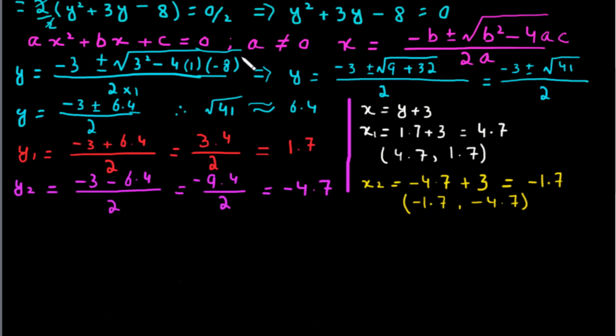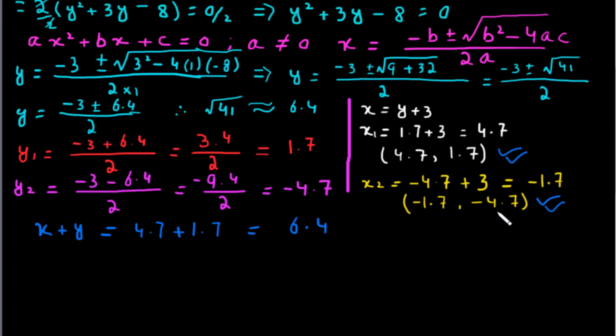Now the required result, we know, is x plus y. So we will calculate x plus y for this pair of points and also for this pair of points. This will give us 4.7 plus 1.7, which gives us 6.4. You can use the calculator.